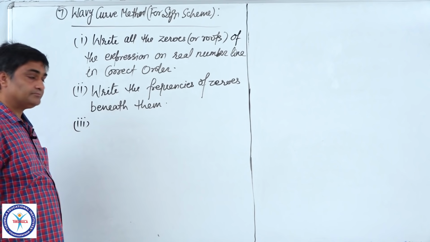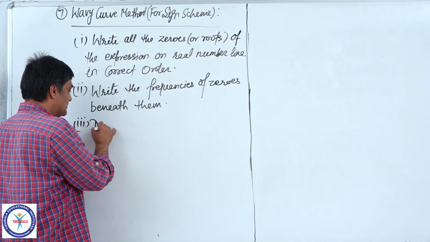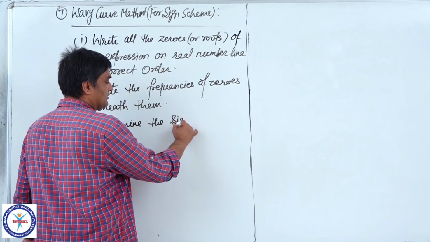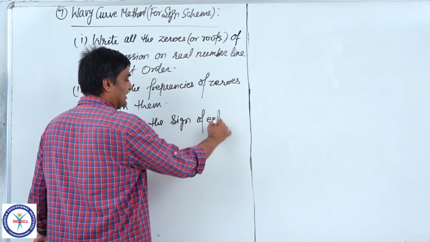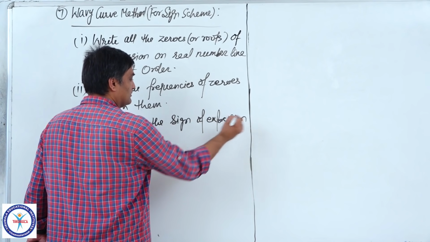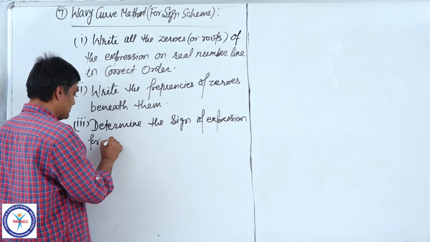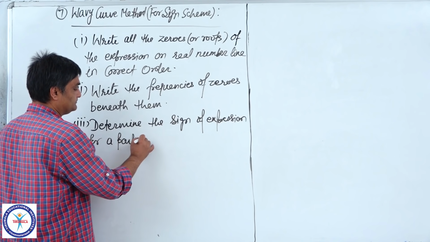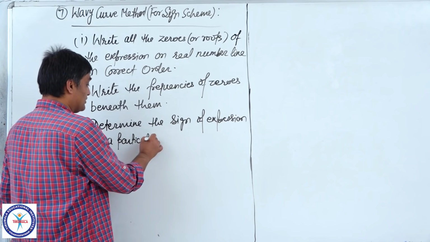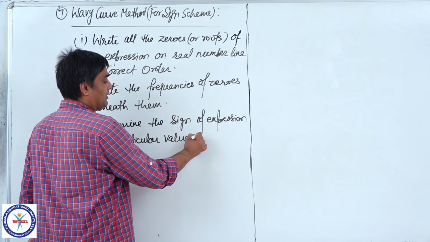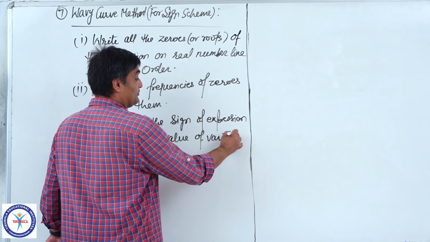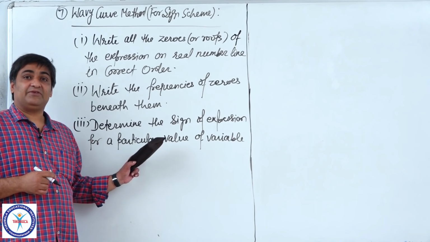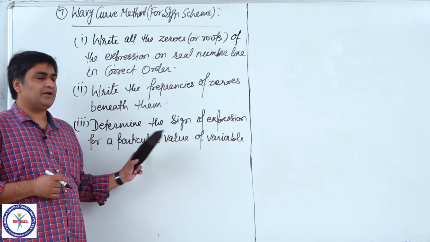Third, determine the sign of the expression for a particular value of the variable. Particular means any value you can take, it is up to you.